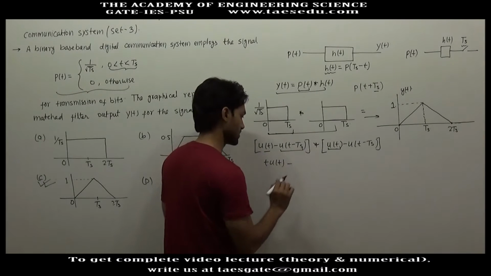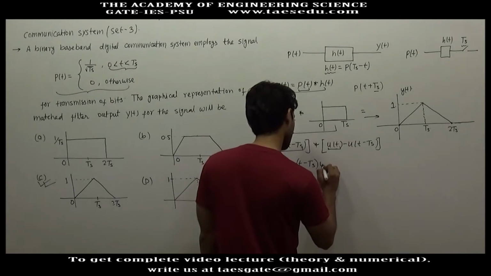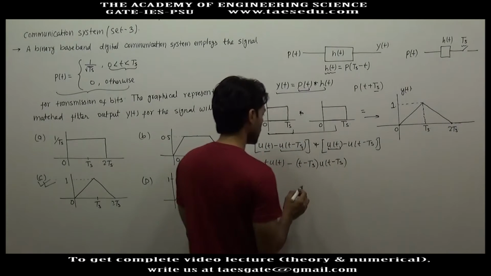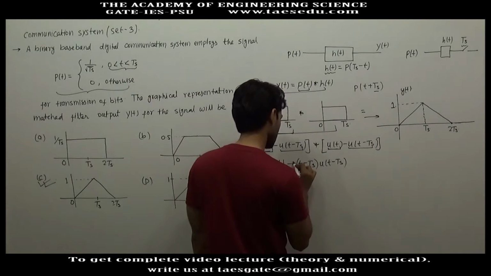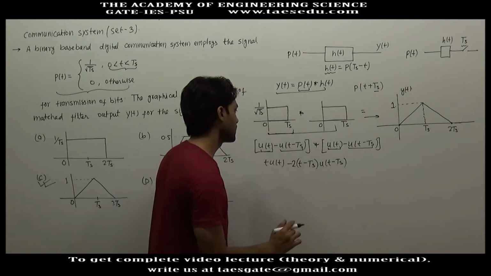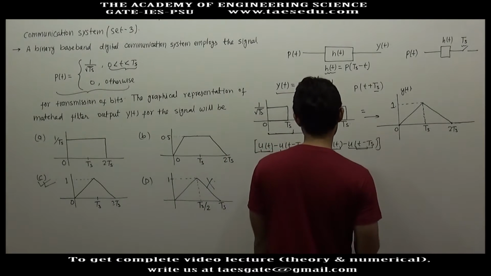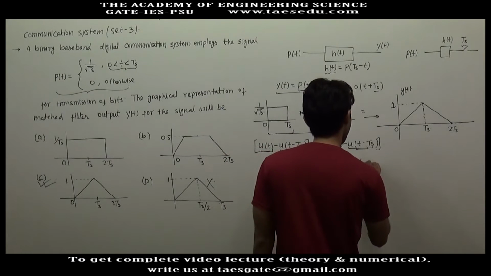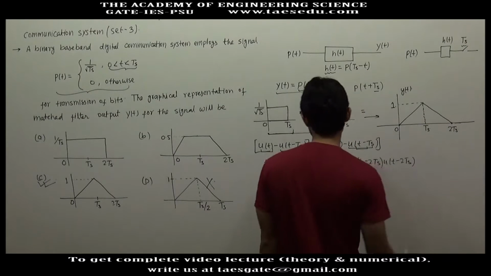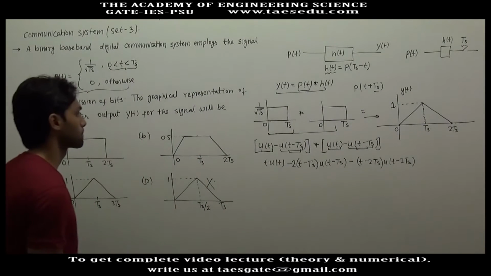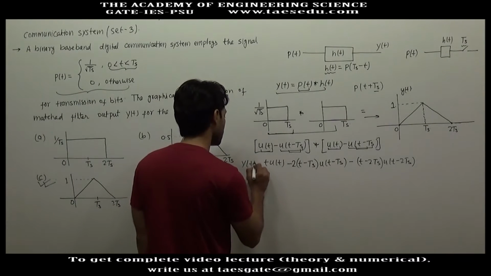Here is a delay of ts, so in the answer also there will be a delay of ts. And same will be the case when you multiply this ut with this ut minus ts. So one more term will be added, and when you take convolution of these two functions, you will get t minus 2ts ut minus 2ts. This will be the yt.